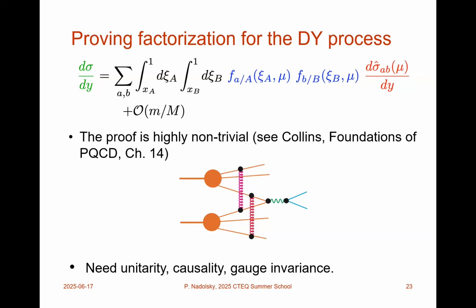So you have many technical complications. That's why, for example, for jets or in general colored particle production in hadron collisions, you do not have the systematic proof of factorization, even though people believe that it works.